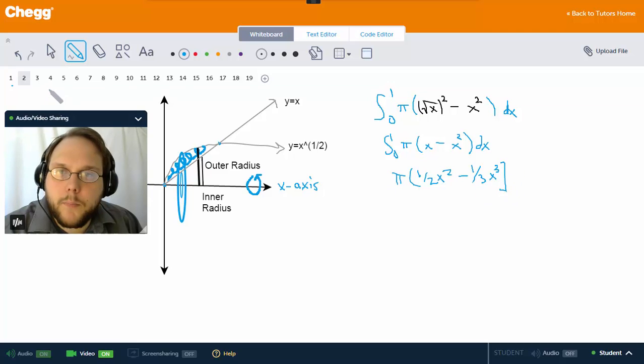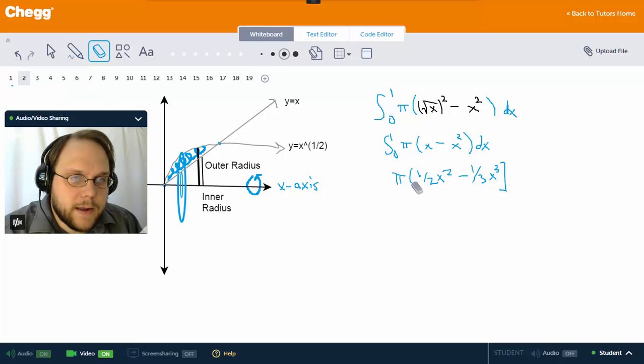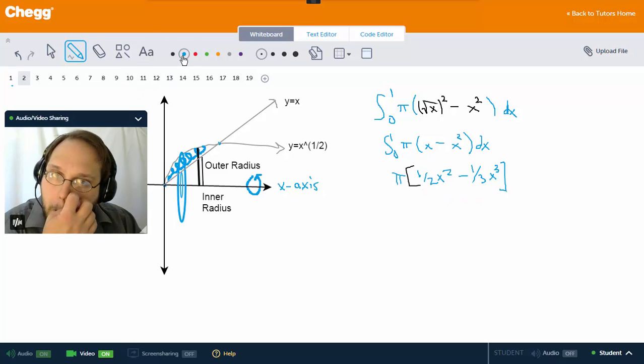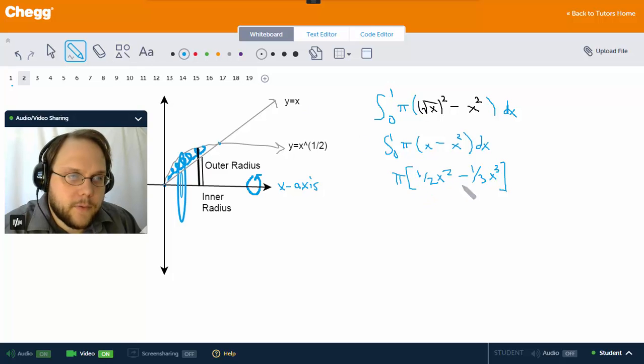And what points are we plugging in? What x values are we plugging in? We're plugging in 0 and 1. If you do that, what you find out is that the volume is pi times 1/6, or 1/6 pi.